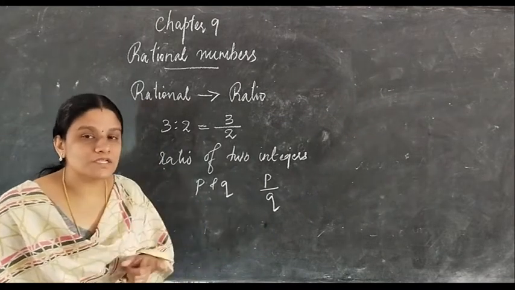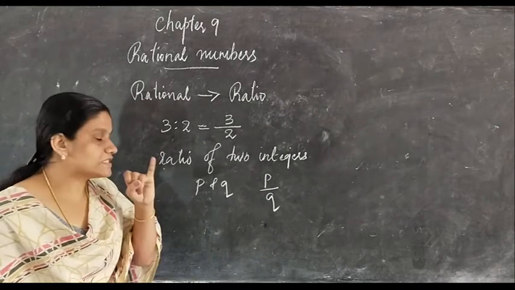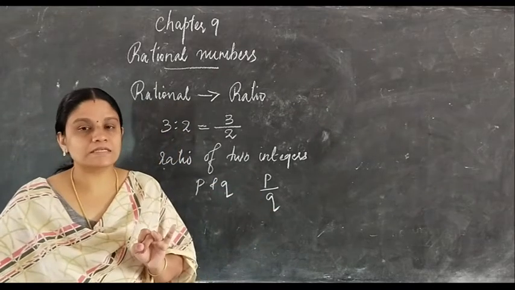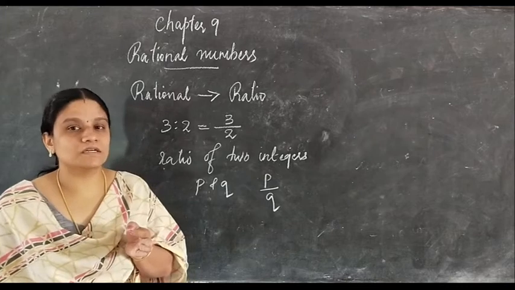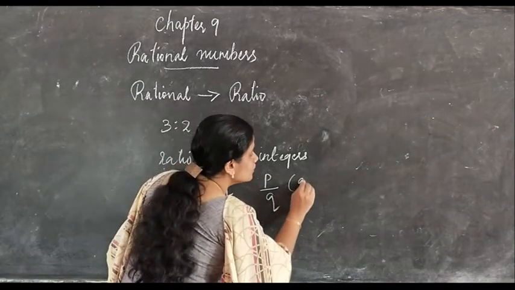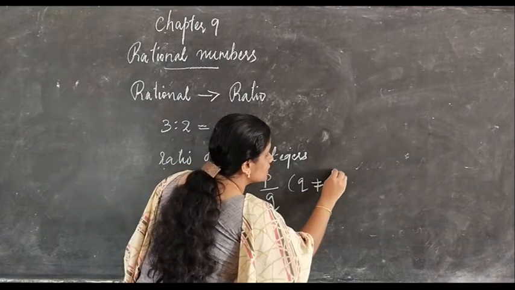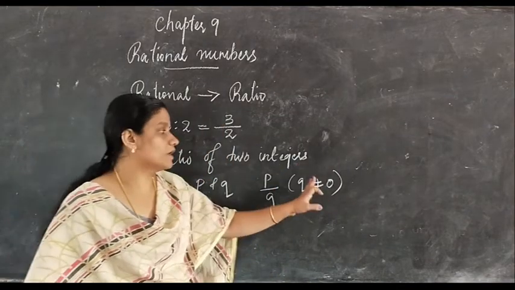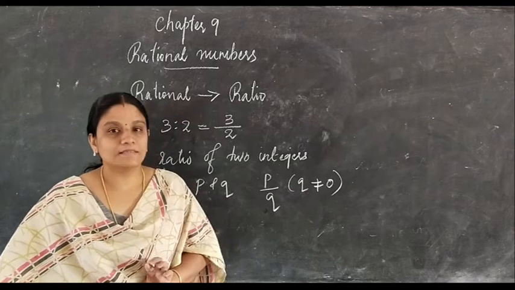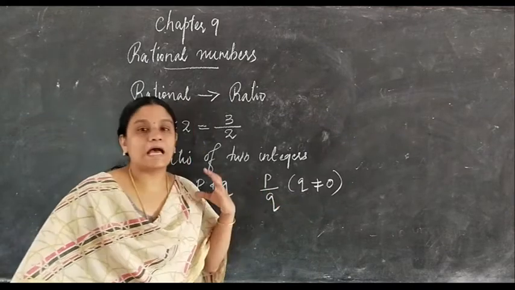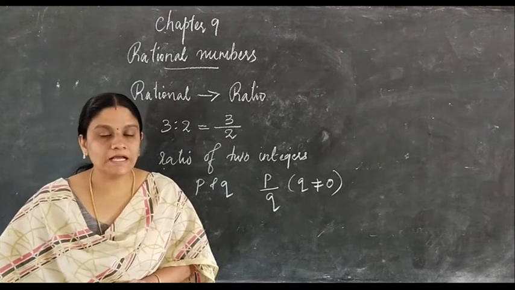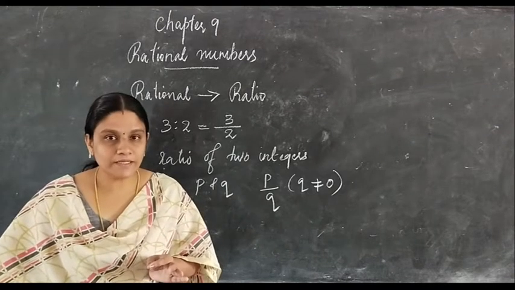You have a condition for this. The first one is that P and Q are integers, and the second condition is Q not equal to 0. That is, the denominator should not be equal to 0. Then we can call it a rational number. Is it clear? So what is a rational number?